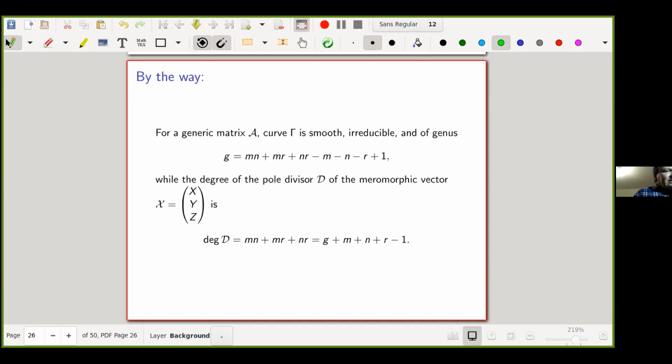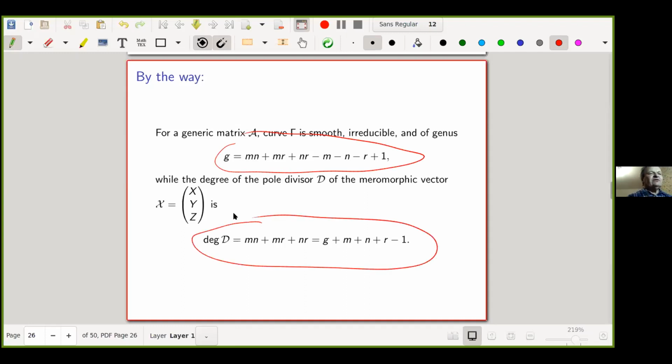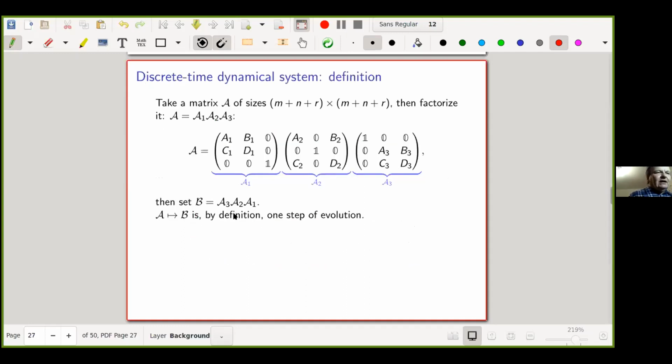So yes, of course, and you can see that in my paper referenced in the beginning of this file. Here I just wrote that the genus of curve gamma is as follows, and the degree of the whole divisor of the meromorphic vector is as follows.